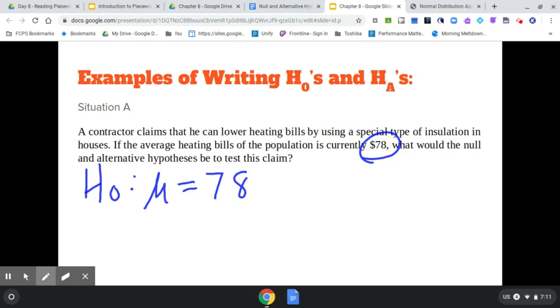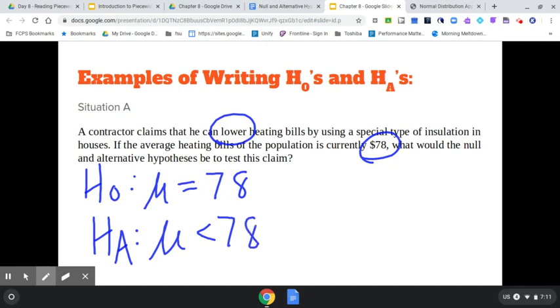In the prompt, it gave us the keyword of he thinks that he can lower heating bills. So our alternative hypothesis is mu is less than 78. If something's changing about that heating bill cost, we expect that it's going to go down by using this special type of insulation. Okay, that's how we write our null and alternative hypothesis for this example.